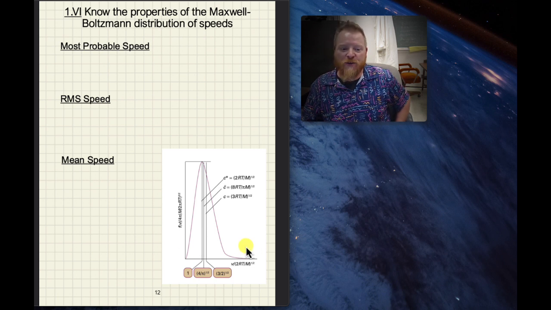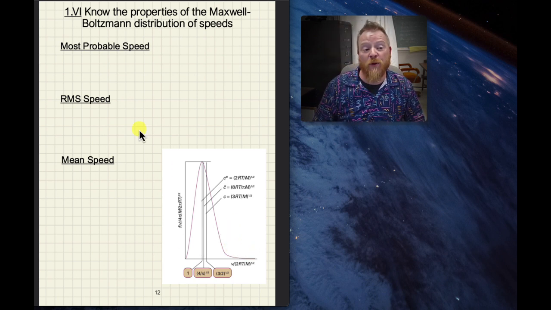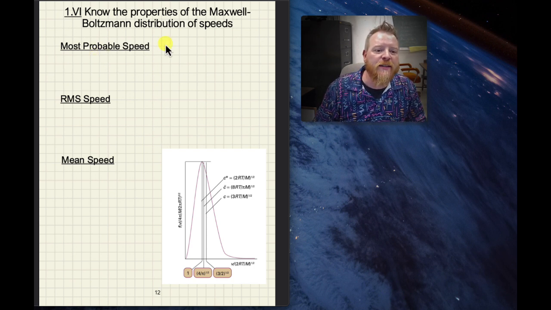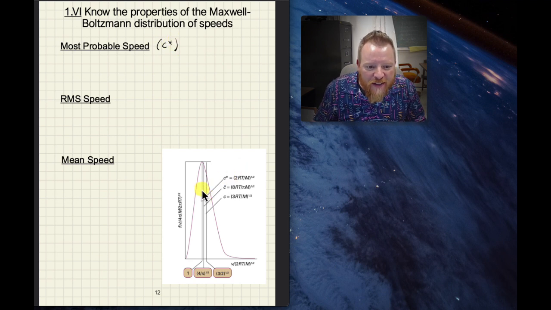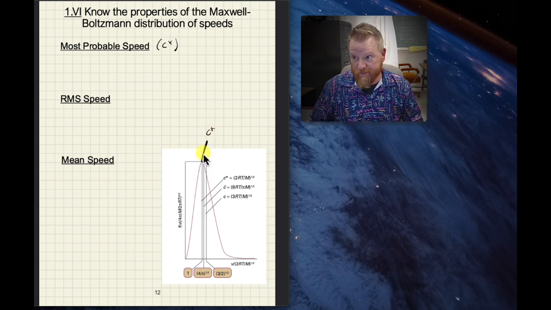It's weighted. So that gives us a couple of different ways of averaging this. We can average it with the most probable speed. And so that is typically given as c star. And you can see that right there. The most probable speed is right on top of the distribution.